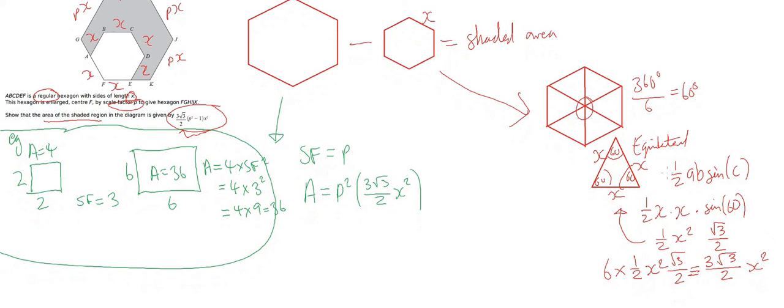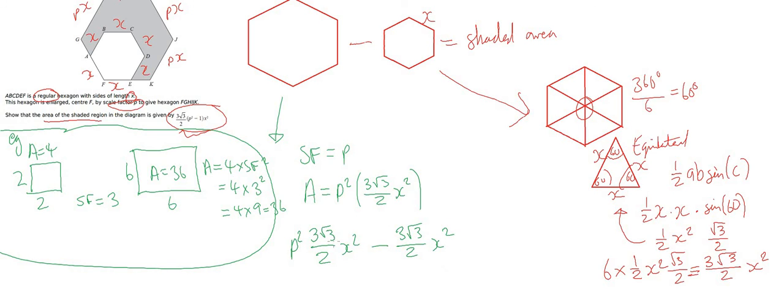Right, so now all I'm going to do is do what we said at the beginning. I'm going to take away the small one from the big one. So I'll have p squared times 3 root 3 over 2 times x squared minus 3 root 3 over 2 x squared.